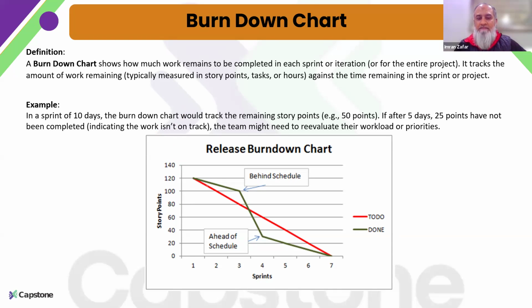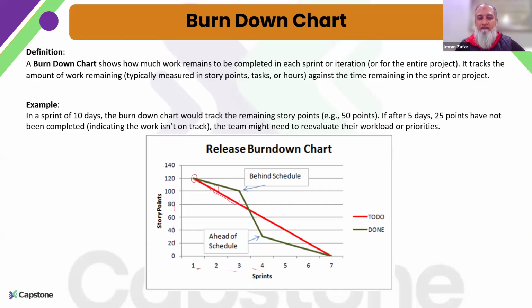So let's say this is our release burn down chart. We have the sprints or releases here, and we have the user story points. This is how we initially planned it: we will require 7 iterations or 7 sprints, and we have in total 120 user story points to complete.